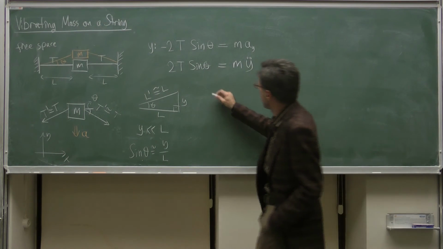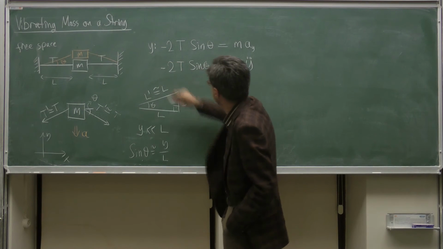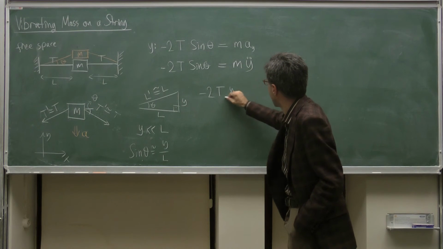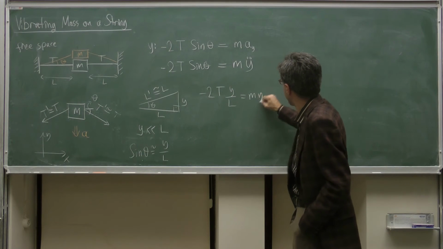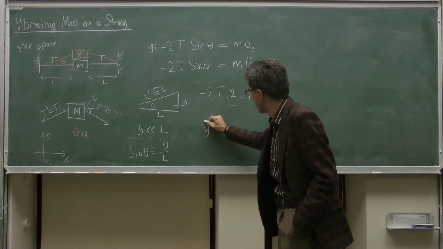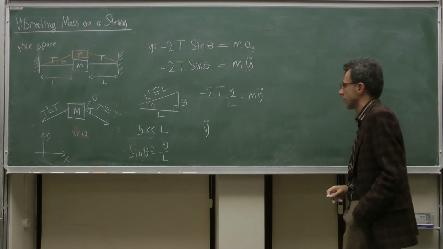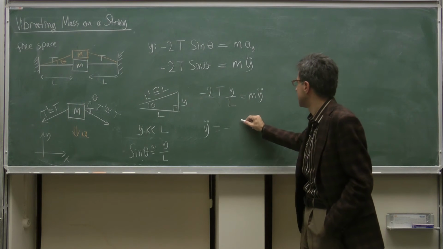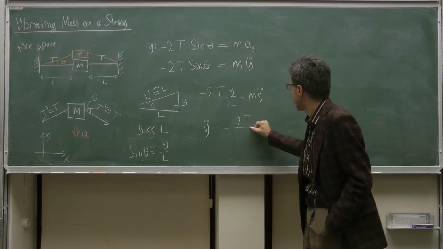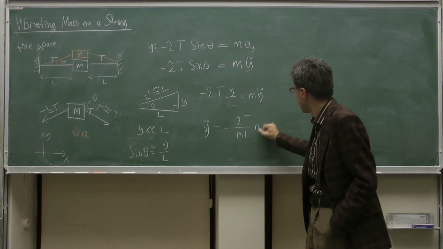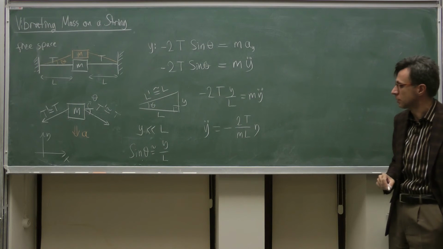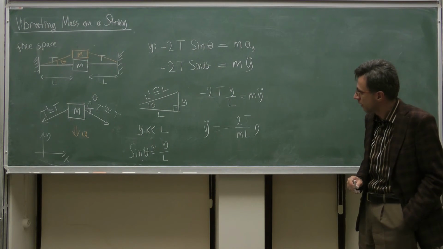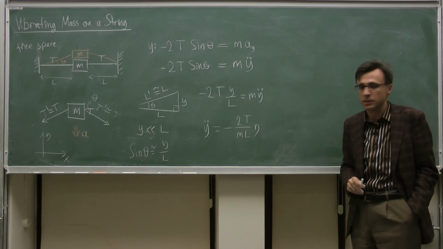So let's plug in that information. Then the negative sign, I forgot it. Negative 2T sine theta, where sine theta is y divided by L, is equal to m y double dot. Let's solve this for the acceleration. Y double dot is equal to negative 2T divided by mL times y, and that is the usual equation that we encounter when we are dealing with oscillatory systems.